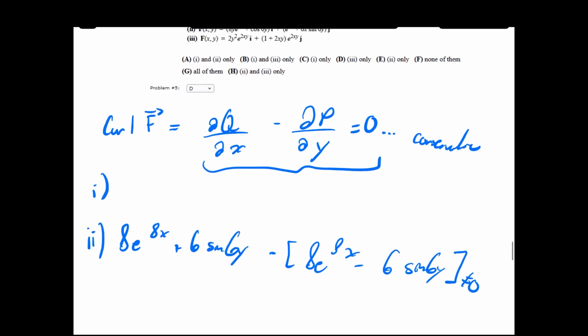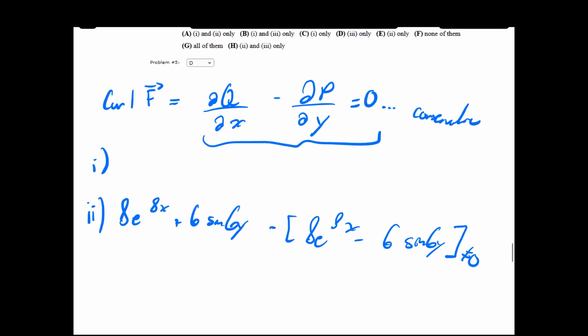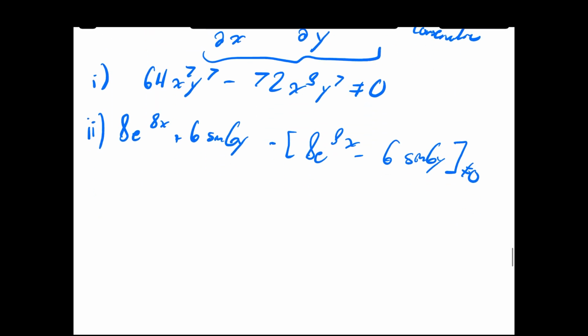So the first one will be, after it's calculated, 64 x to the 7, y to the 7, minus 72 x to the 8, y to the 7 does not equal 0. Okay, that's great.